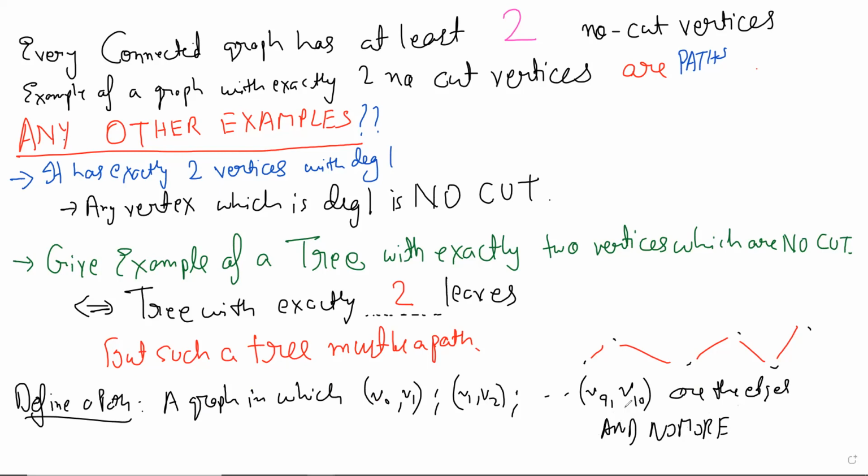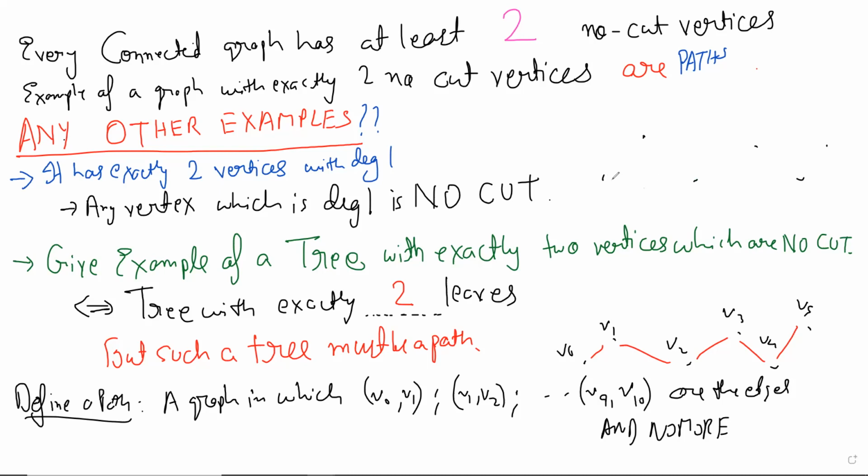So a path is basically a graph in which you can arrange the vertices, set theoretically, you can number the vertices like this, such that the only edges are v0 to v1, v1 to v2, v2 to v3, and so on. There are no other edges. So you have some vertices such that the edges are in a sequence.